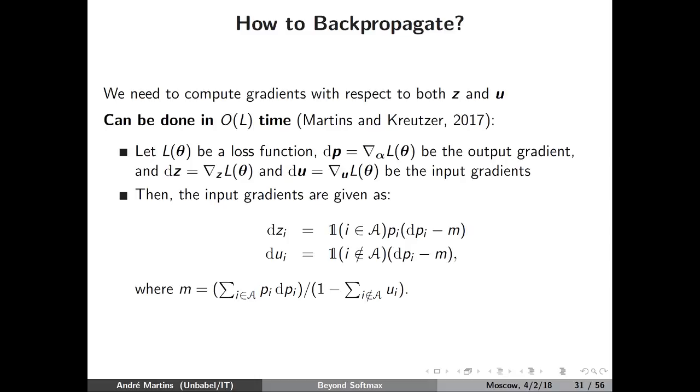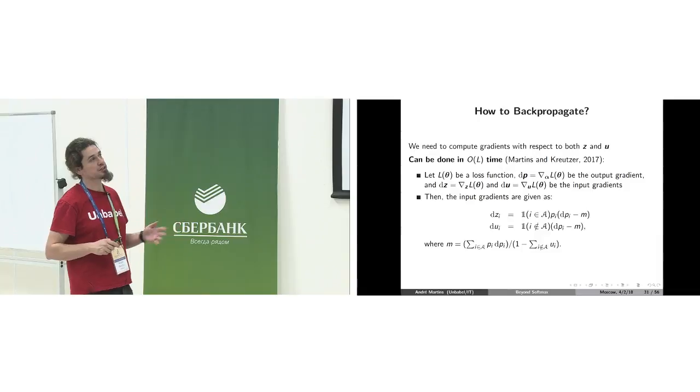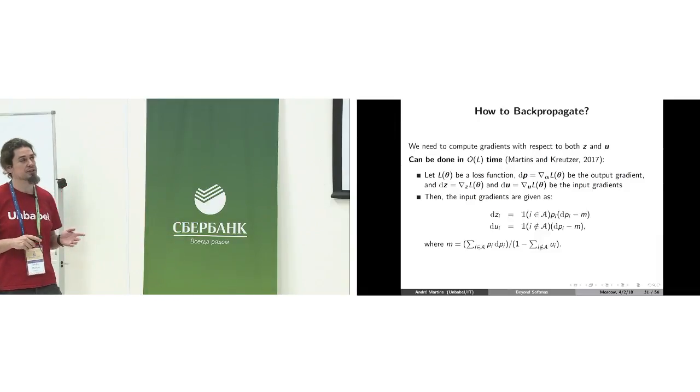By the way, we are going to compute gradients not only with respect to Z, but also with respect to the upper bounds. And this is neat because the upper bounds U can also be a function computed in your computation graph. So there could be a function of the inputs of your neural network. And this is actually something that we're going to use in our application.